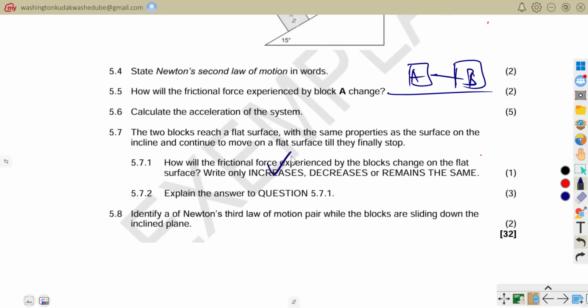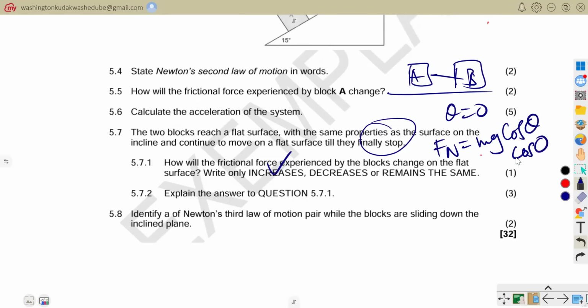The friction would increase because definitely they are coming to a stop. And also the slope is decreased to 0, so theta is now equal to 0. So F normal is equal to mg cos theta, where cos theta is now just cos 0, and we know that cos 0 is 1.